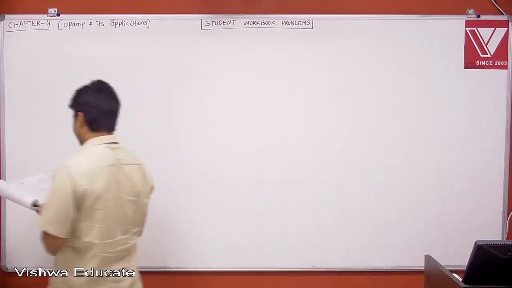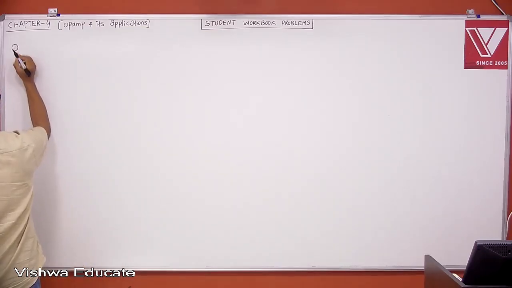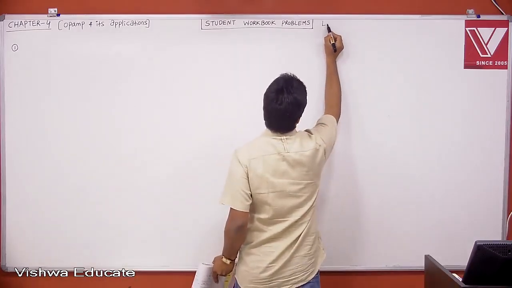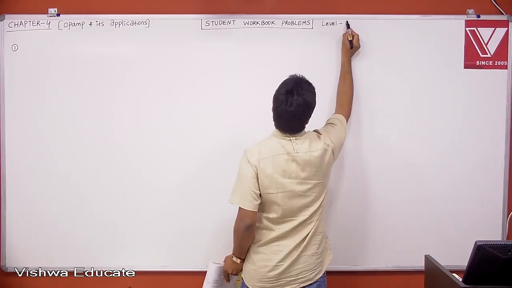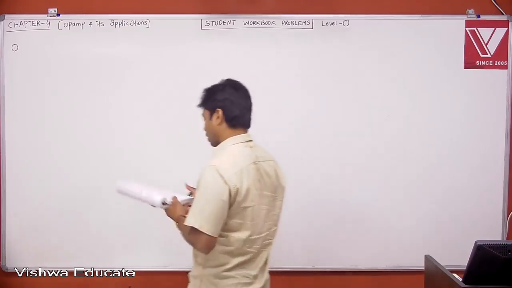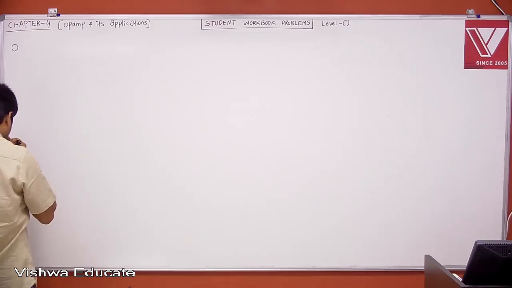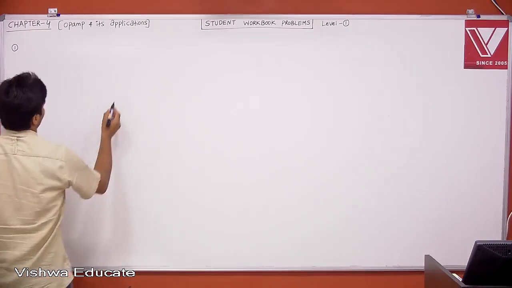This is straightforward, but for the sake of completeness, let us solve level 1 problems. First problem: assuming the op amp to be ideal, the voltage gain of the amplifier shown below is.